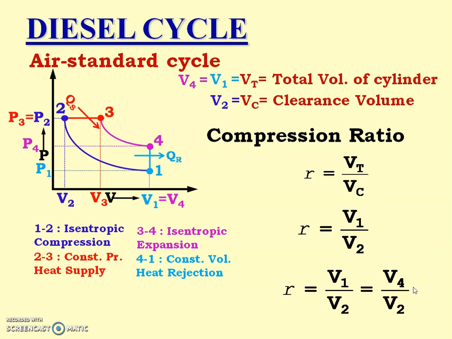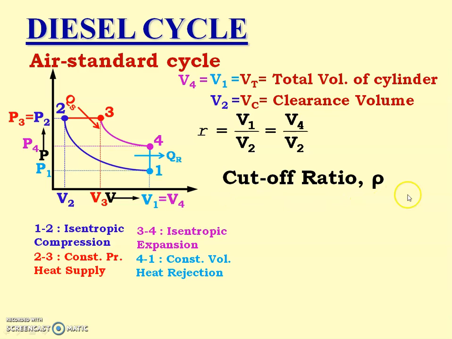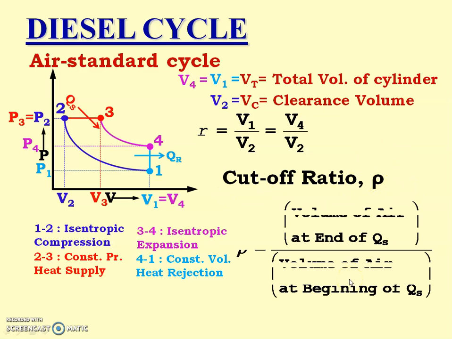Now another ratio we are going to define for the diesel cycle is the cutoff ratio, rho. The cutoff ratio is equal to the volume of air at the end of the heat supply divided by the volume of air at the beginning of heat supply. You just see during which process heat supply takes place, 2 to 3.